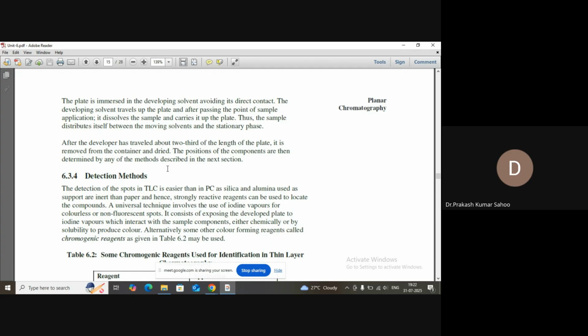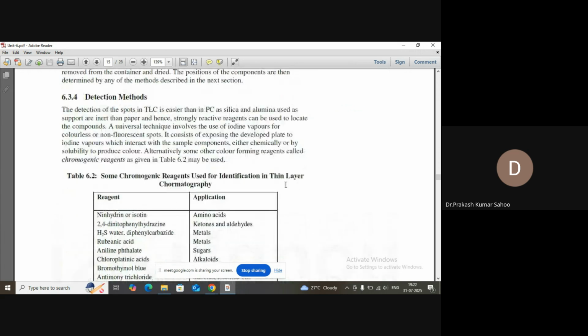So when the developer has traveled about two-thirds of the length of the plate, it is removed from the container and dried in the oven. Then you measure the distance traveled by your component. The detection of the spot in TLC is easier than in paper chromatography, as silica and aluminum are just the supporting material, more inert than paper, and strongly reactive reagents can be used to locate the compound.